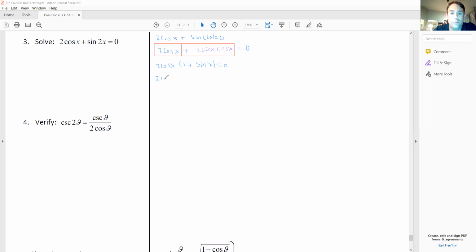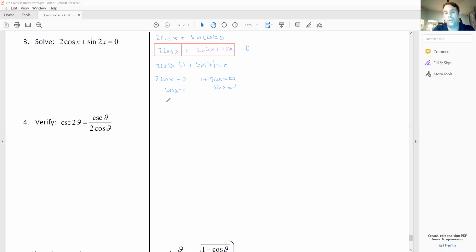So we set them equal to 0. So 2 cosine x equals 0, and 1 plus sine x equals 0. Which means cosine x equals 0, and sine x equals negative 1.